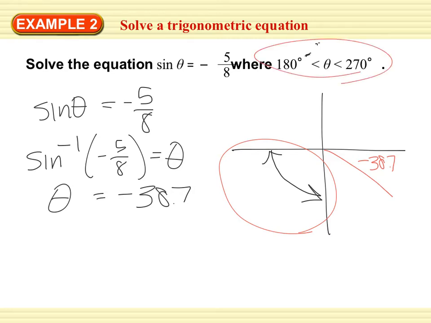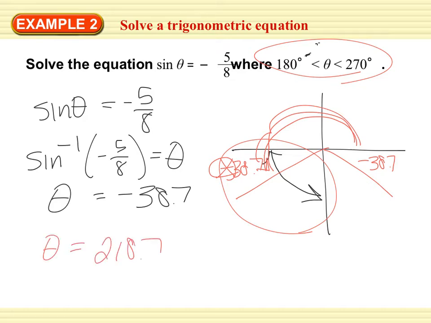So I have to add 180 and 38.7. 180 plus 38.7 gives me theta equals 218.7 degrees.